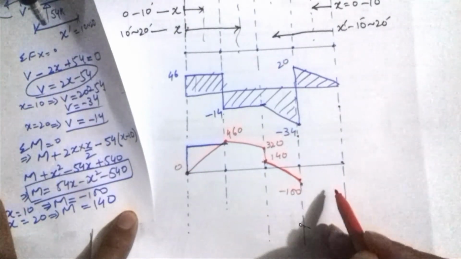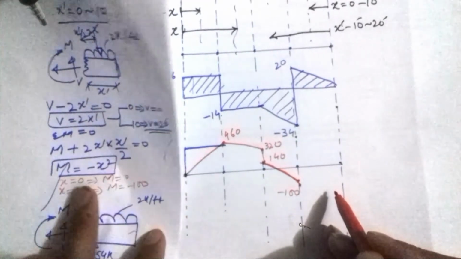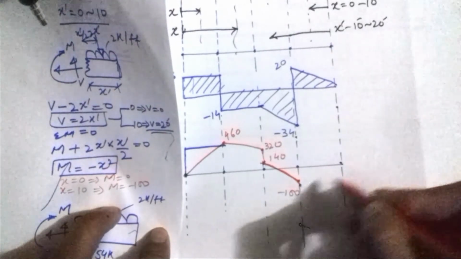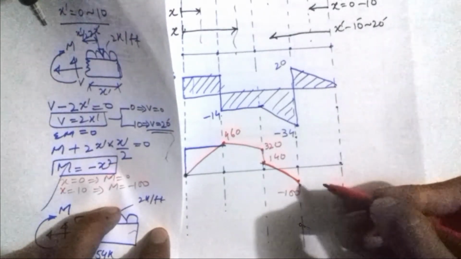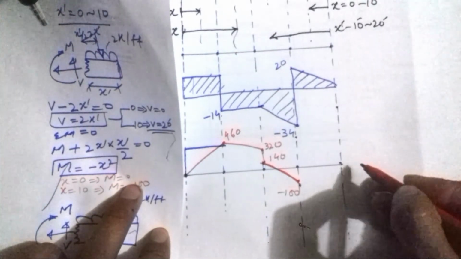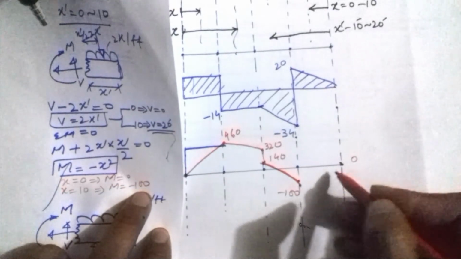Now in this section, I know that the bending moment is minus x square, so it is also second degree, so it will be a second degree curve. Here x is 0, the bending moment is 0. Here x is 0, the bending moment is 0. And when x is 10, the bending moment would be minus 100.